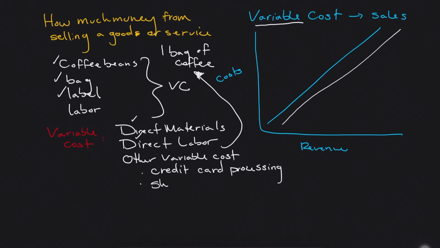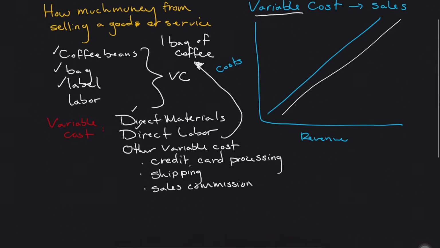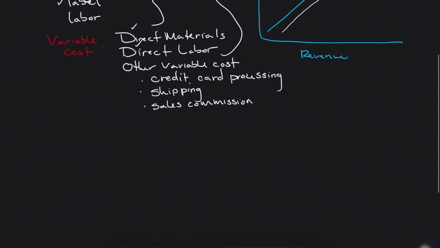Shipping expenses, which, especially for my business, can be pretty sizable depending upon what you're sending and to what location. Sales commissions, if we're paying somebody else a fee to be able to sell our products, and a couple of other things. And so these are things that we obviously want to include as well.